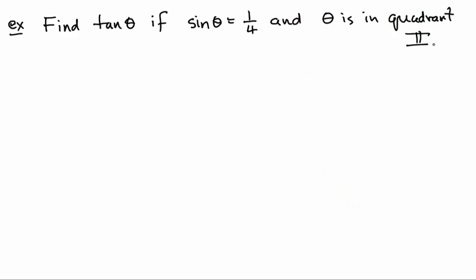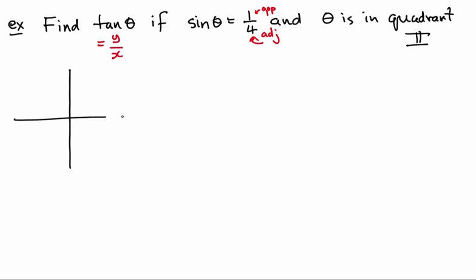Okay, in this example I want to find tan theta, and that means find the ratio. Tan theta, remember, is y over x. Find that ratio if the sine ratio, so this is opposite over adjacent, is 1 over 4, and we know also that theta, the angle, is in quadrant 2.